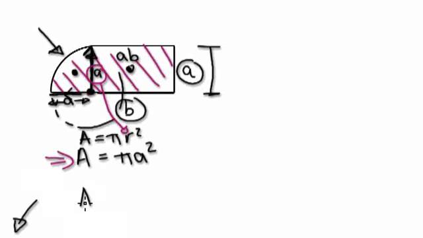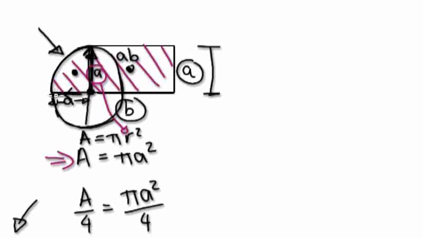So let's say we're going to have to make something up here. A quarter of a circle. So let's just use A over 4 here equals pi a squared here, small a, over 4. So what I'm doing here is work out the whole circle here and then divide it into 4 equal parts and just take one part.